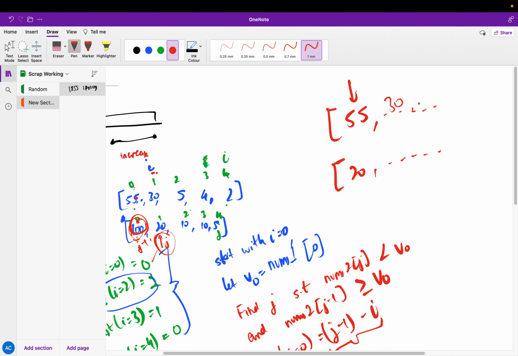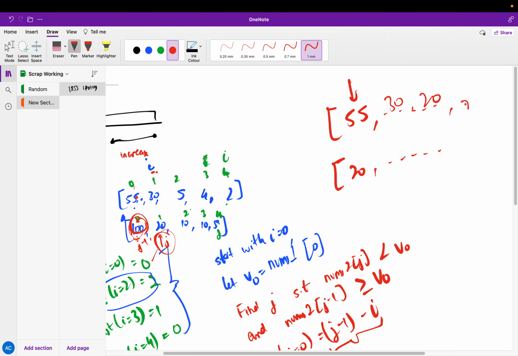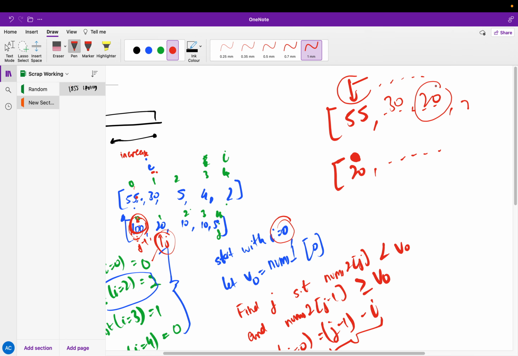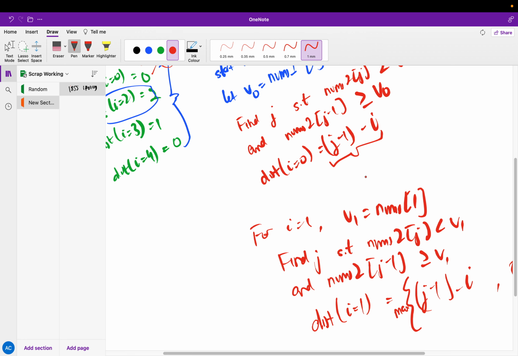So what I'm really doing is looking for the first number that doesn't exceed nums2 at 0. I said start at i equals 0, but really I'm starting at the first i value where the array value isn't bigger than nums2 at 0. So food for thought.